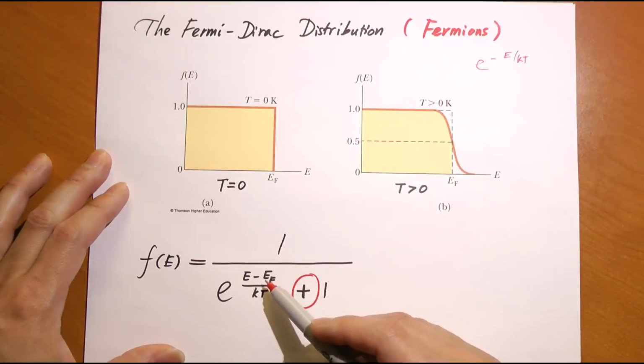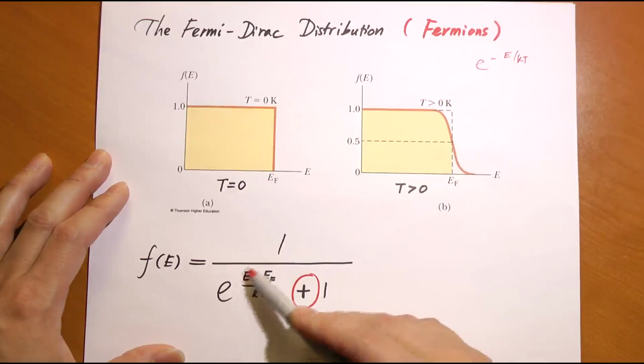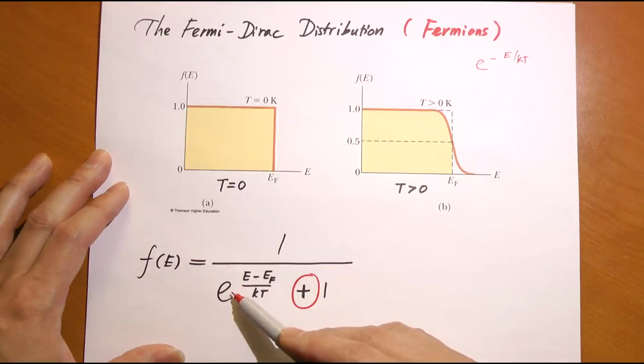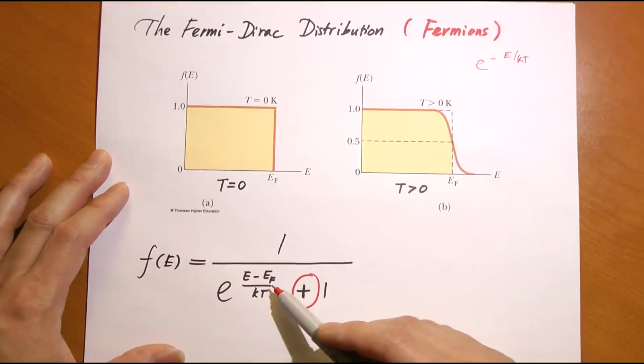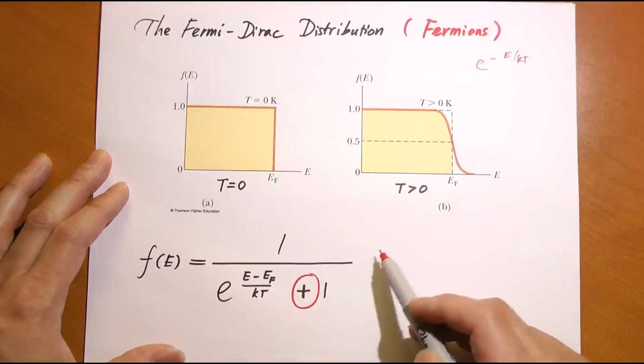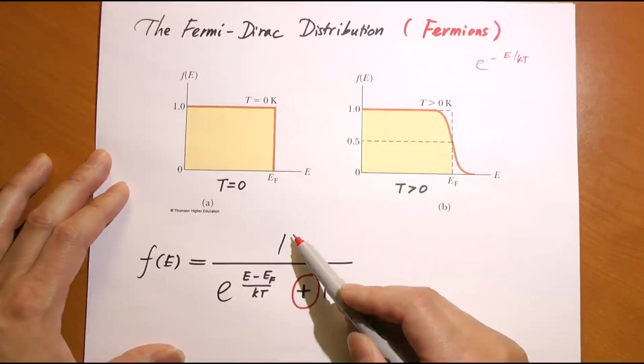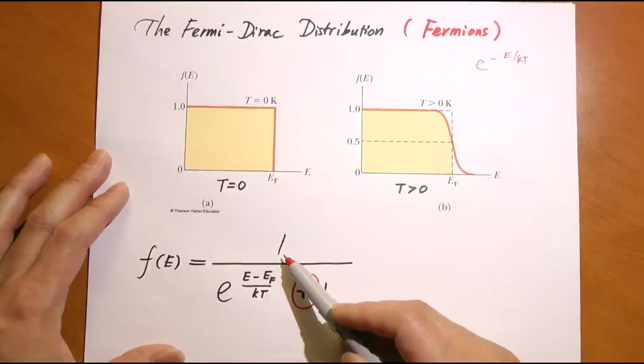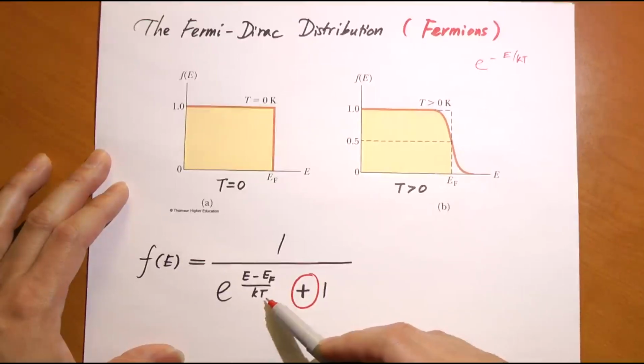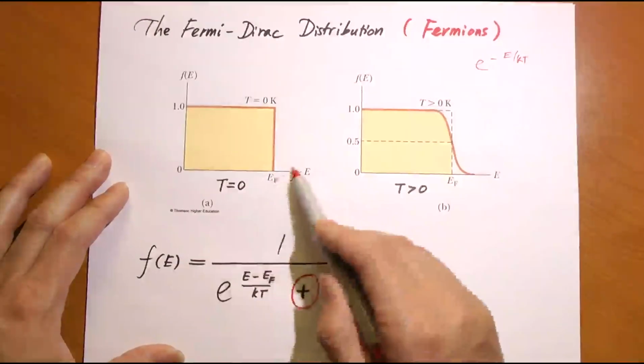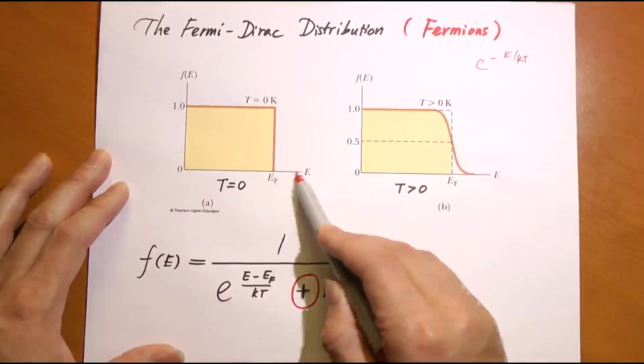For E greater than EF, then E minus EF is positive, divided by kT, which is also positive but almost 0. You get e to a very, very large positive number, say e to the power 1000, whatever. That is much, much greater than 1, so that 1 is gone. And then you flip that over, it's a very, very small number, so when E is greater than EF for very low T, the probability of occupancy is 0, right? 0 here, E greater than EF.